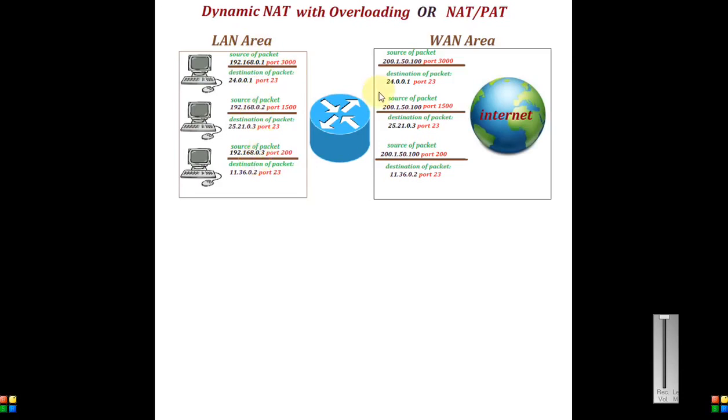So it means that by using NAT PAT, or dynamic NAT with overloading, we can use multiple private IP addresses to provide internet access using only one public address having different port numbers.